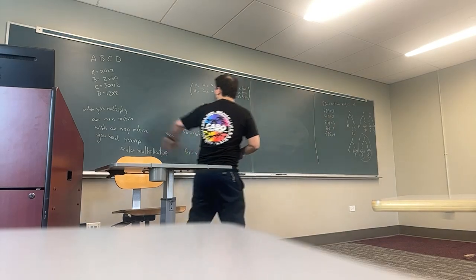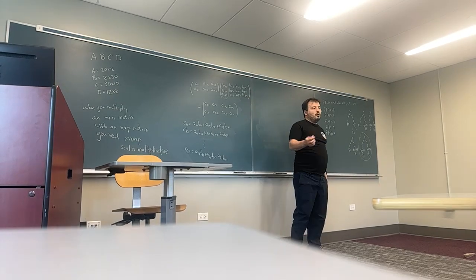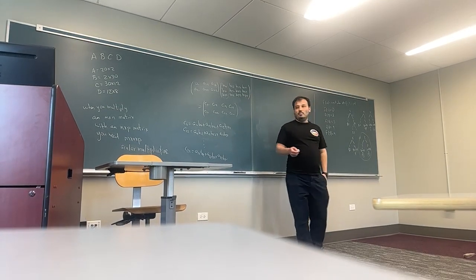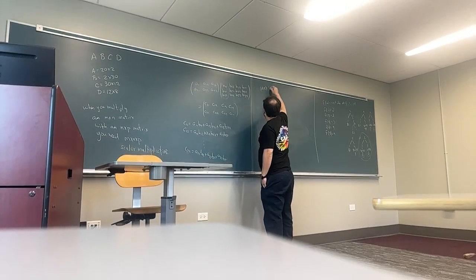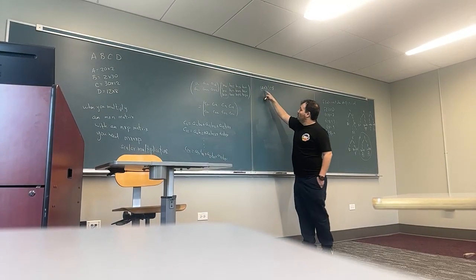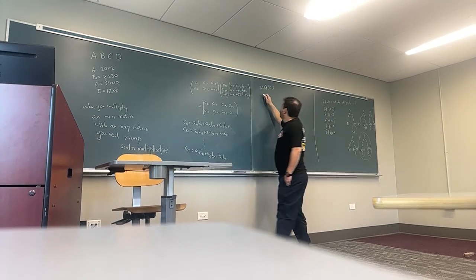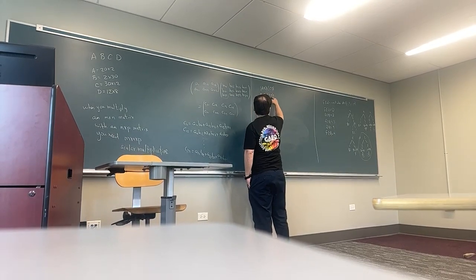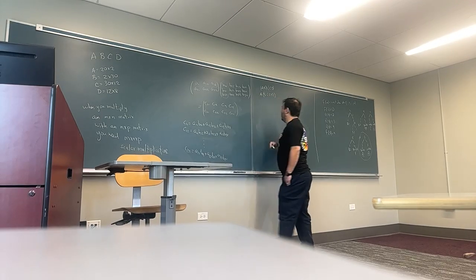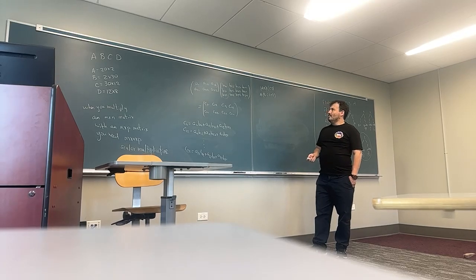So if you're thinking of A, B, C, D, well, what order of operations will save us time, right? So you could think of it as you multiply A times B, you multiply C times D, and then you multiply those outputs. That's one thing you could do. Or you could do C times D, then B times C times D, then A times that whole thing. Or is there any other thing we could do?